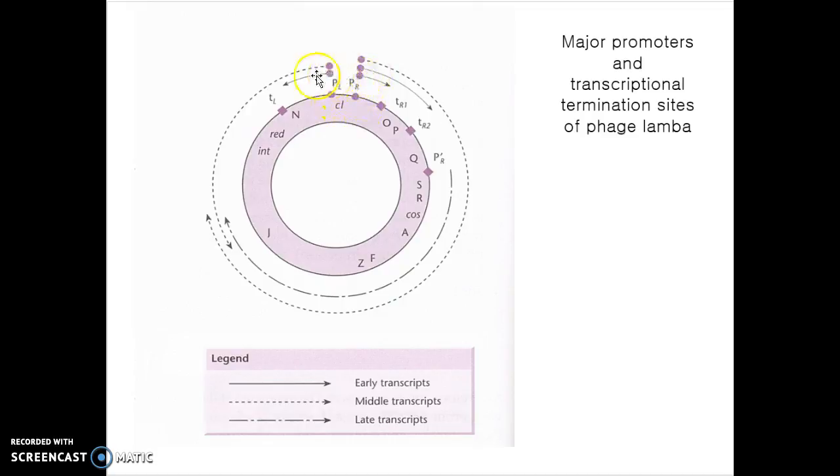The early transcript goes in two directions, and the middle transcript follows the early transcript, starting from the same position and going further in both directions. The late transcript initiates from different promoters. The early two transcripts are responsible for determination of the life cycle, either lysogenic or lytic.